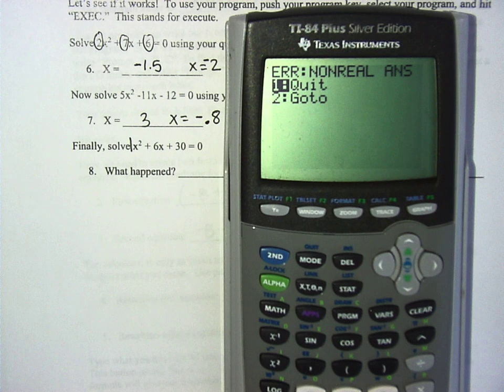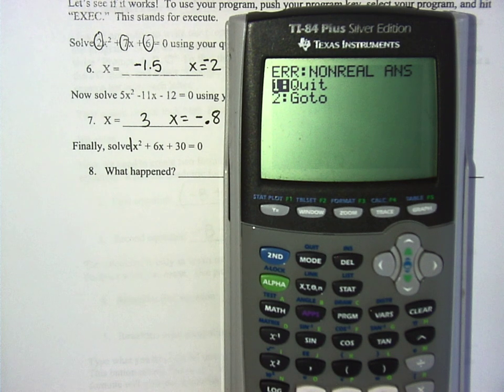Okay. When you put in this last equation, you get something that says non-real answer. What does that mean? No solution? No, it doesn't mean that. It means you have i, because i stands for imaginary number, and if something's not real, it's imaginary. So here's what this graph would look like.